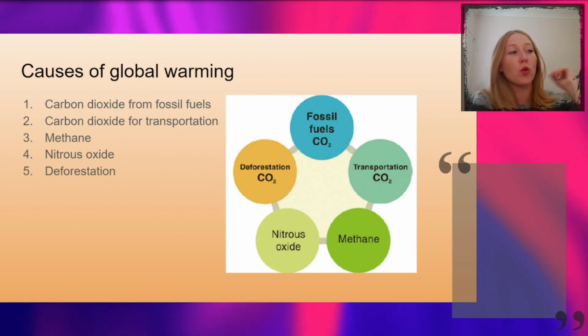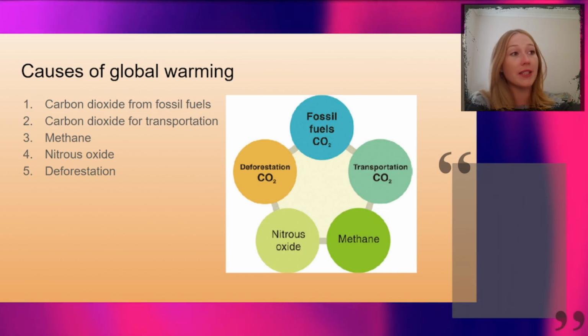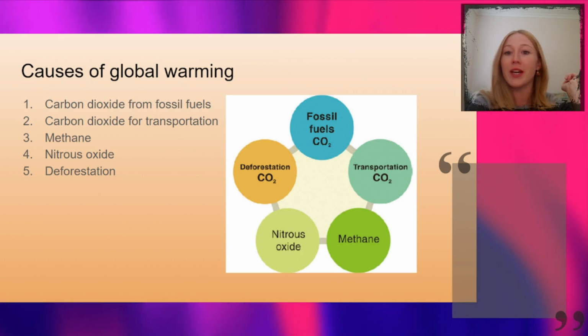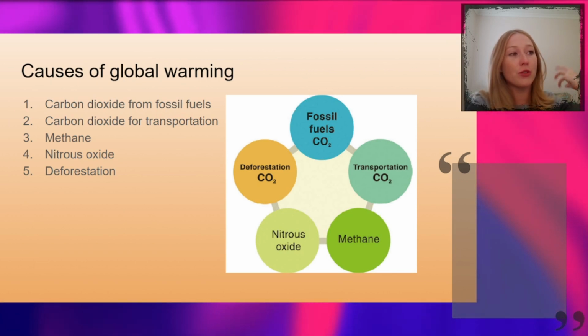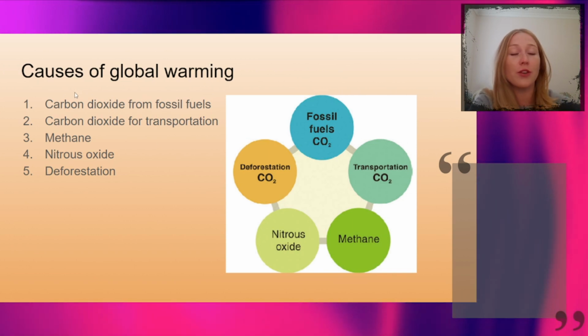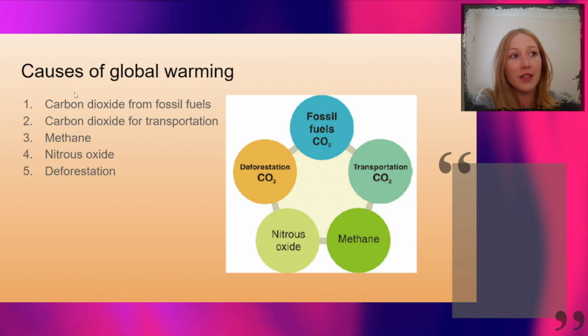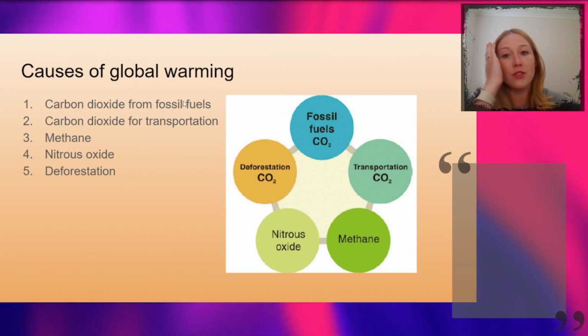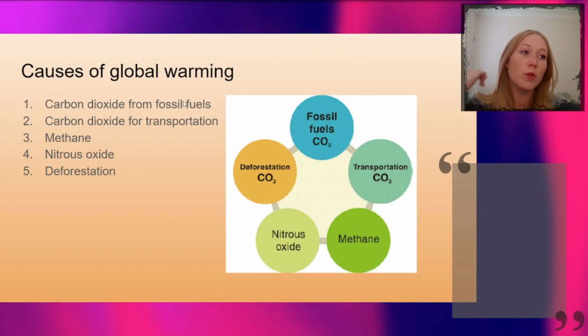Looking at what causes global warming, one is the incredible dependency on fossil fuels that we currently have. Burning those fossil fuels releases a lot of carbon dioxide into the atmosphere, and that's in industries, as well as in different forms of transport.